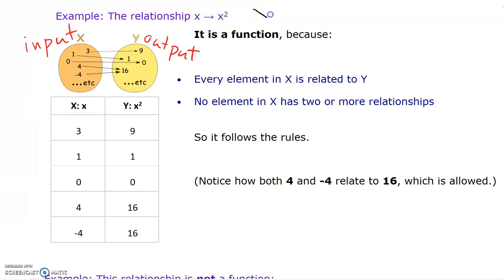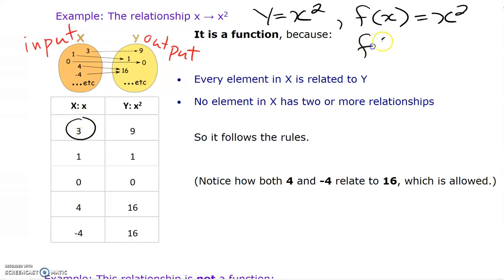Well, if we have y equals x squared, this is the output, this is the input, and we're going to write it as f of x equals x squared. So whatever we put in for our x, we're going to get our output. So here we have a 3. If we put a 3 in for the x, we'll get 3 to the second power, and that, of course, is 9.